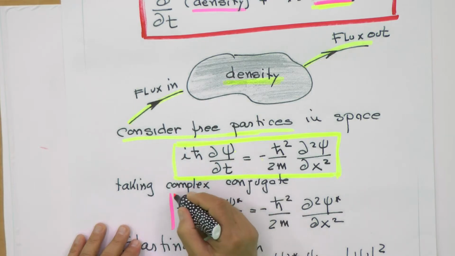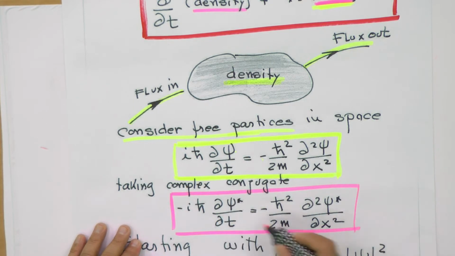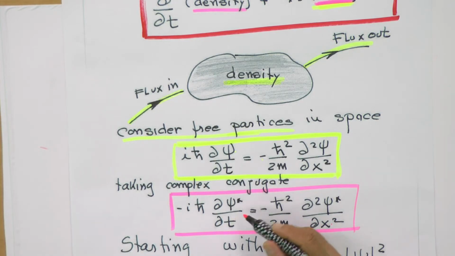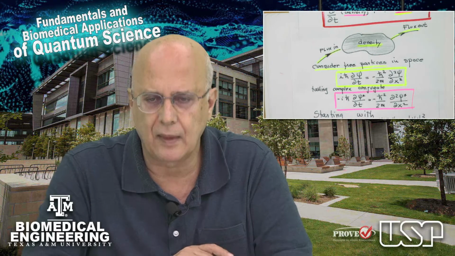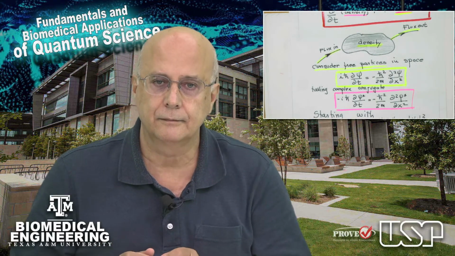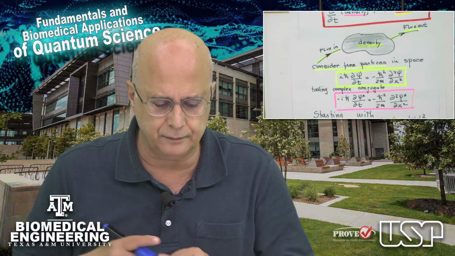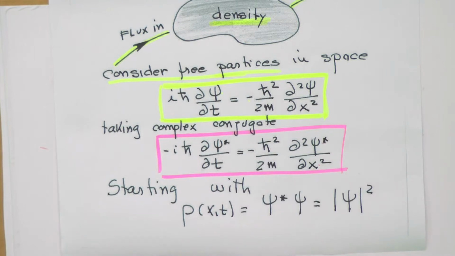So take the complex conjugate, i becomes minus i, and t and x are not complex. We know the spatial coordinate and the time coordinate, but the psi is complex conjugated now. Right? So up to now it is very simple. This is true for a free particle.